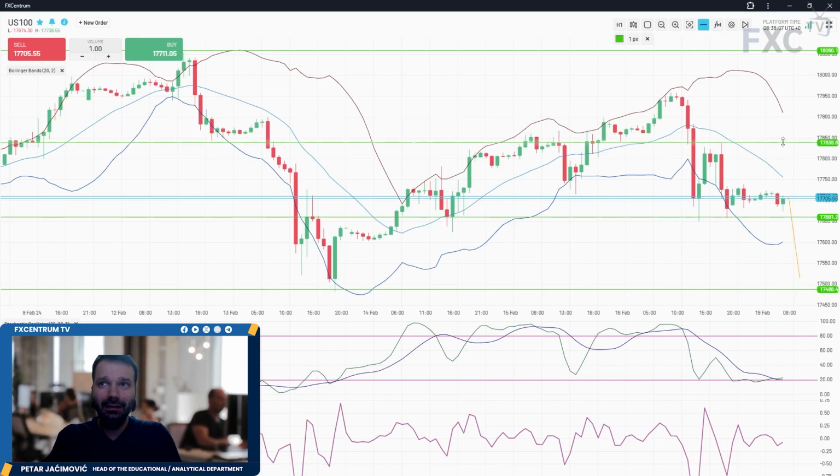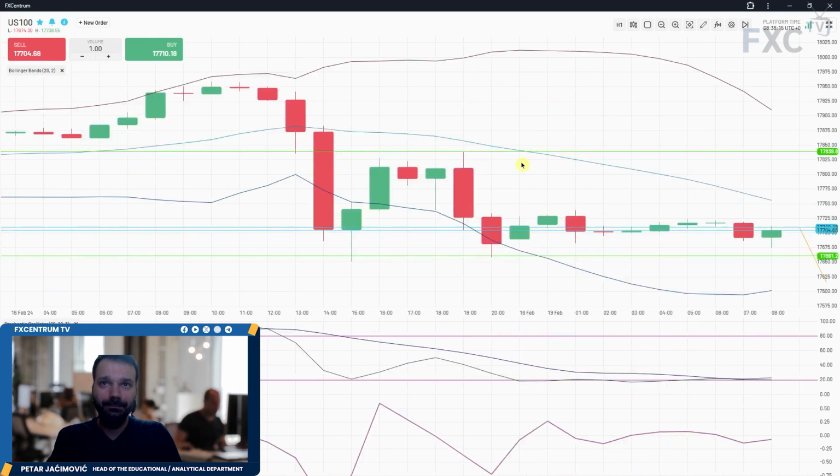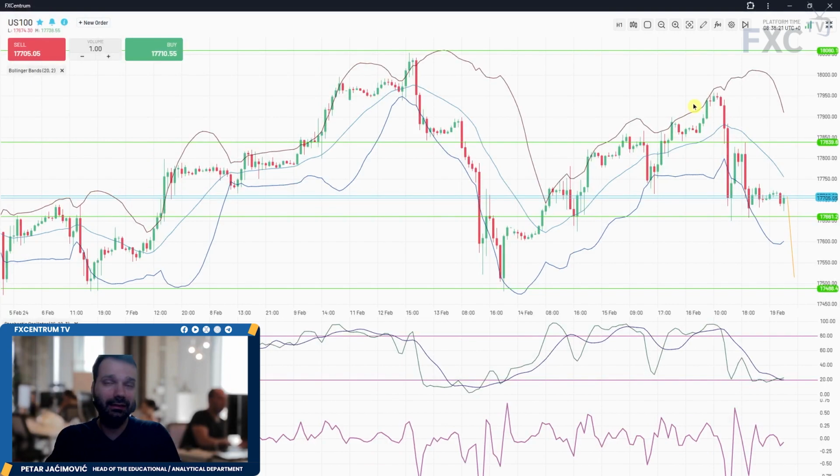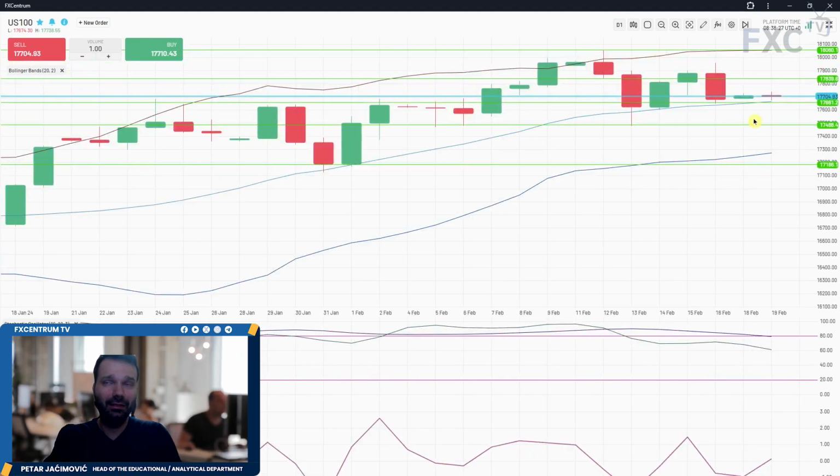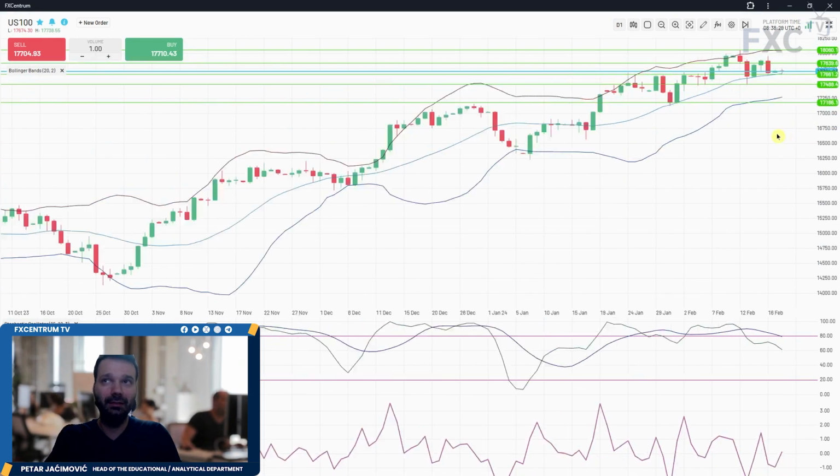But in case the market can retake 17,840, which is at this green line here, then there is a chance for the rally towards 17,950 or even 18,000 mark. So far, the hourly seems poised for the downside, but the daily is still holding around this middle Bollinger Band.